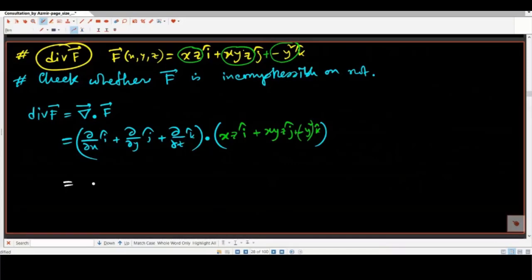Divergence is one kind of dot product. So it will be ddx of xz.